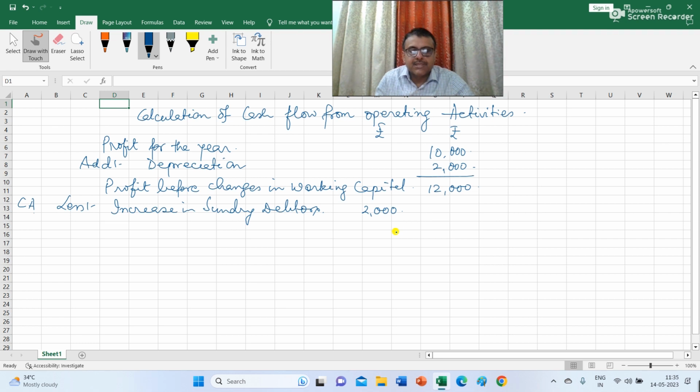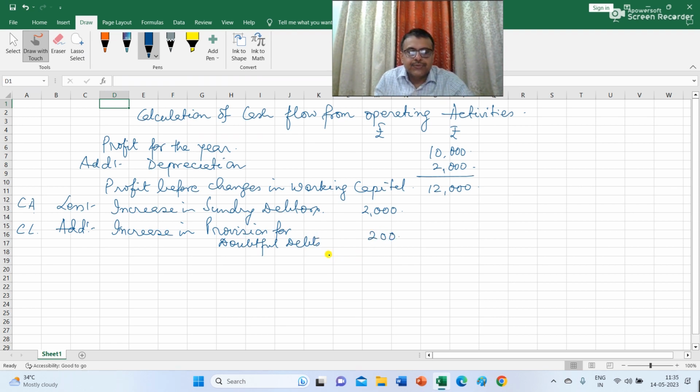So the next item is regarding the provision for doubtful debt. Provision for doubtful debt is a part of your current liability. There is an increase in the provision, so I have to add back increase in provision for doubtful debts, and the difference is for rupees 200.